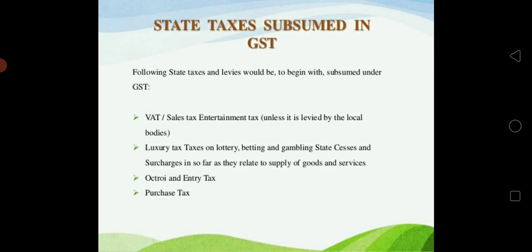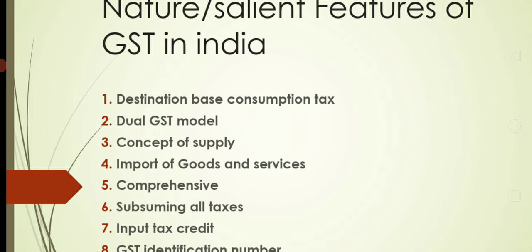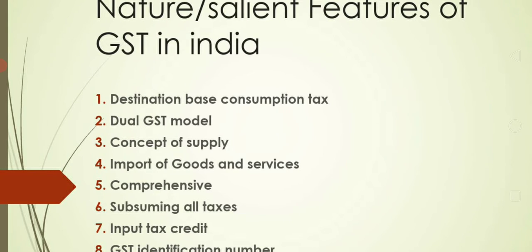So now let us talk about nature or salient features of GST in India. See, considering the federal structure of the country, the GST in India has two components. One is levied by the central GST and the other is levied by the state GST.